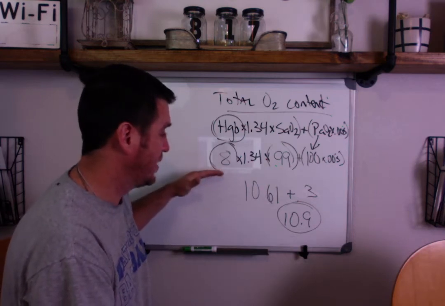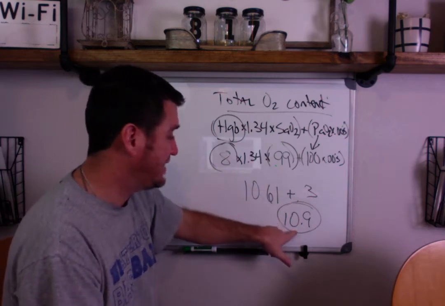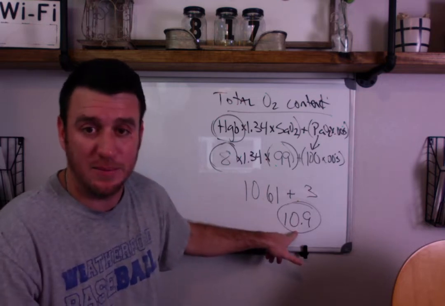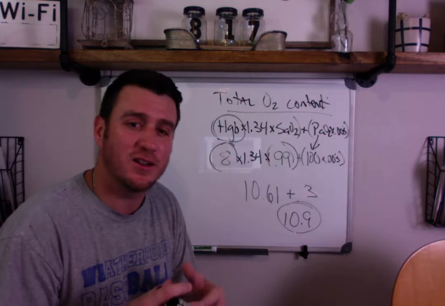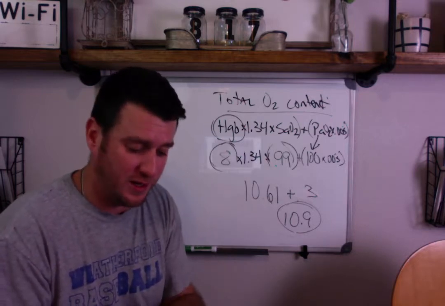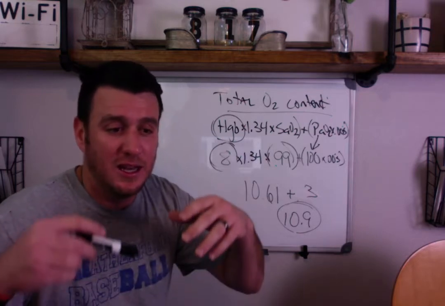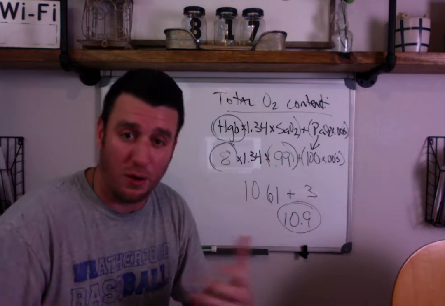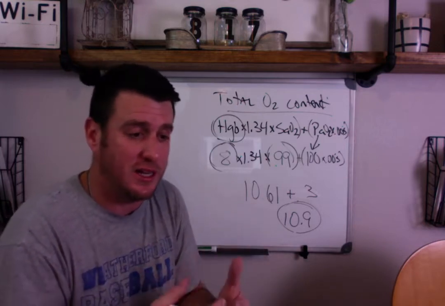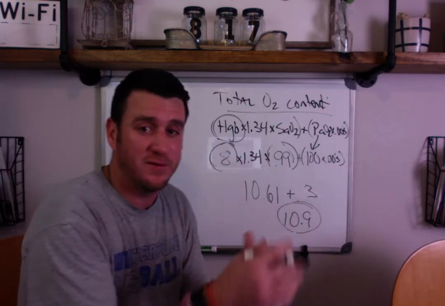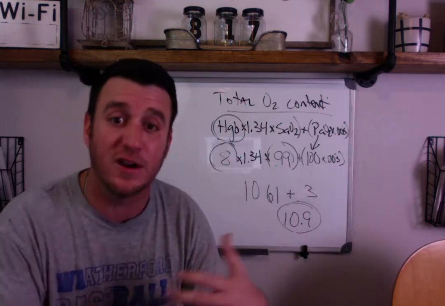But they were not at this state of 10.9. Okay? So you got to understand that it's this formula. It's not the oxygen dissociation curve, which is important, which you need to understand, the affinity for oxygen and hemoglobin versus the decreased affinity versus the increased affinity. It's all very, very important.